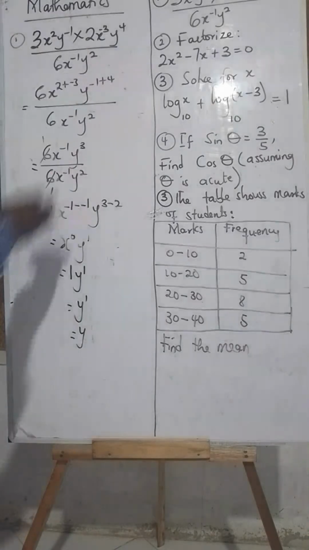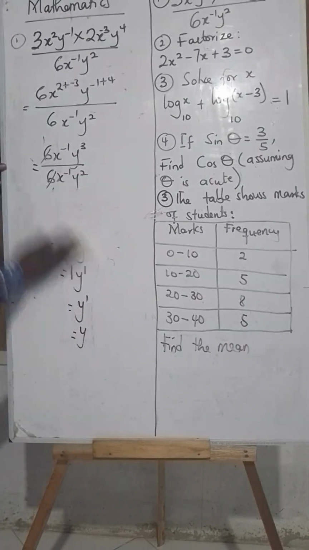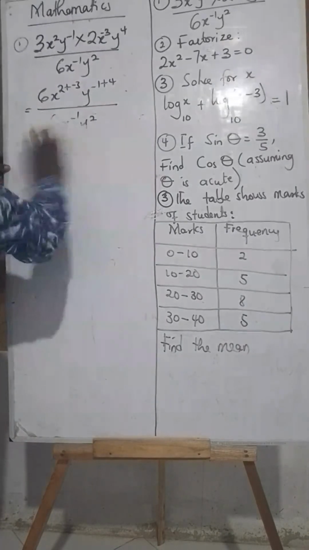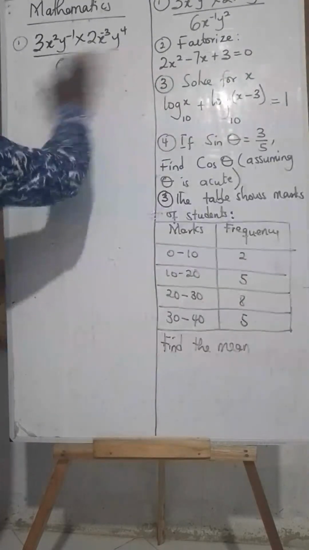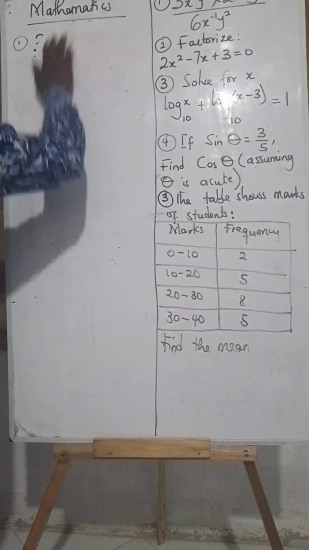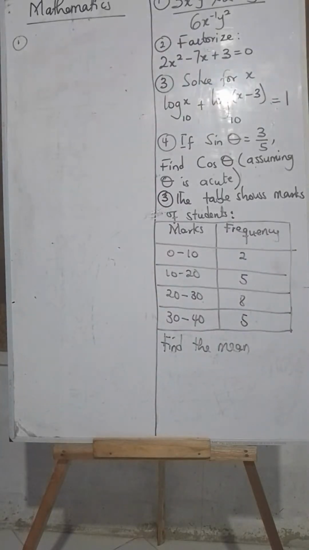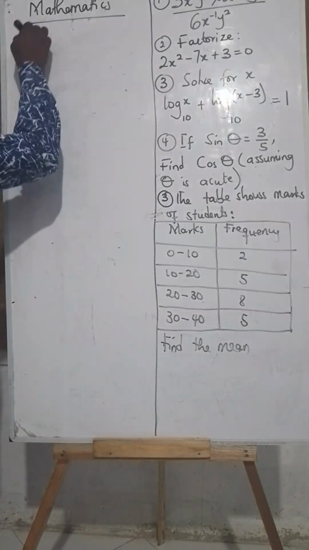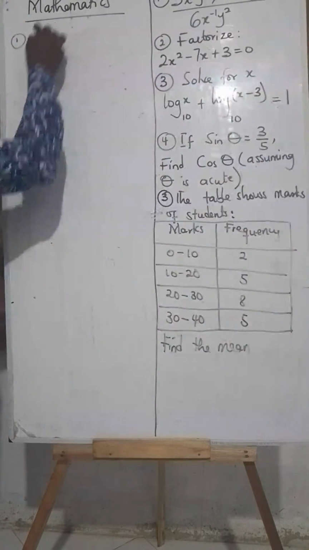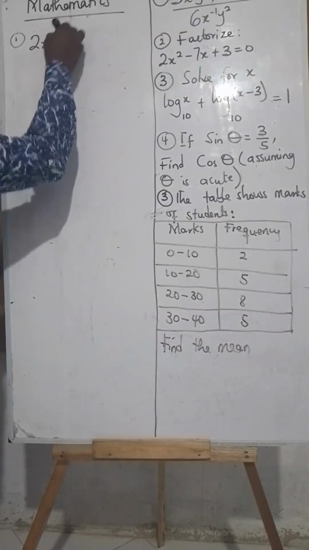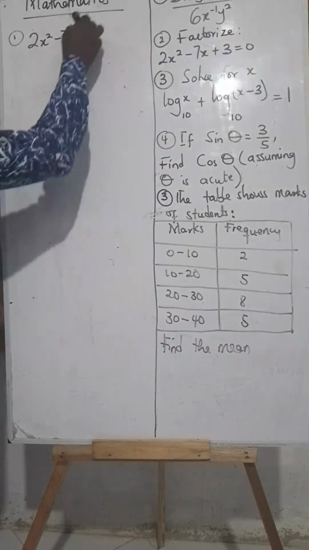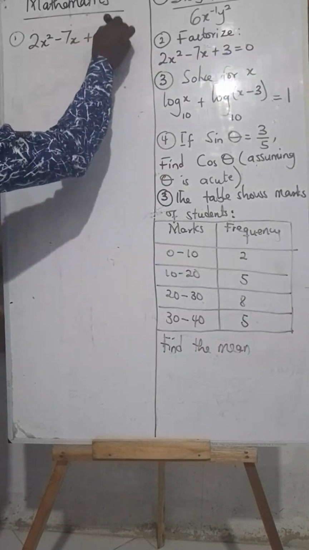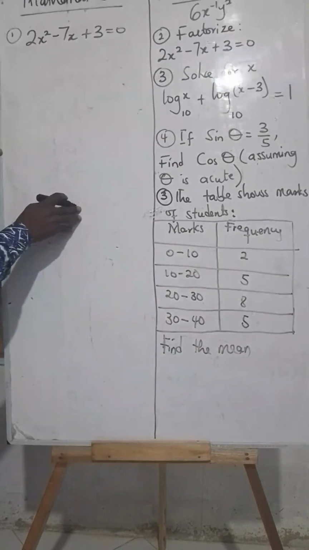We have 2x squared minus 7x, and that's plus 3 equal to 0.